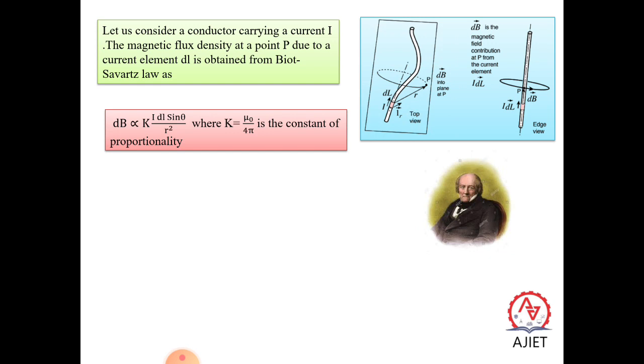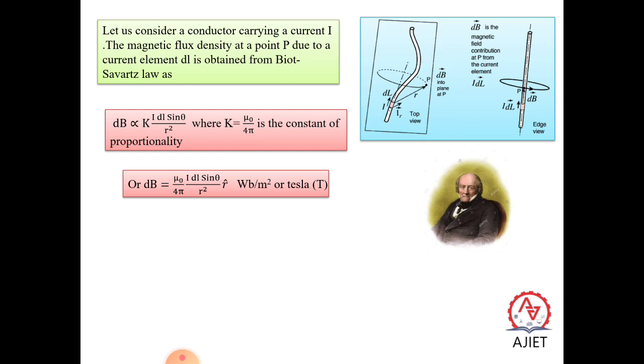What is k? k is equal to mu naught by 4 pi, which is called the constant of proportionality. So dB, the magnetic flux density at a point, is equal to mu naught by 4 pi I dl sine theta by r square times r cap, and the unit is Weber per meter square, or else it can be called a Tesla.